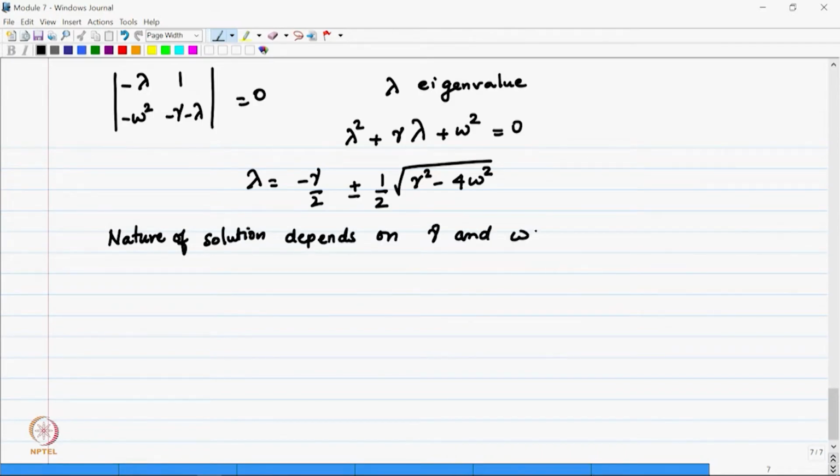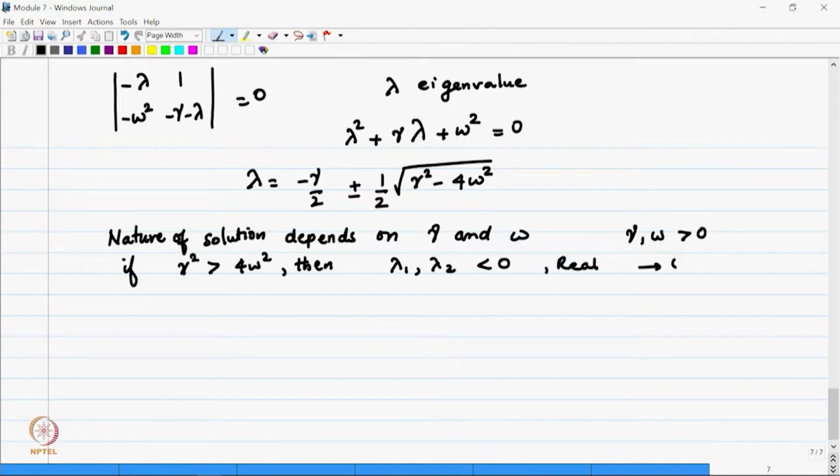We have gamma and omega both greater than 0, and we saw that if gamma square is greater than 4 omega square, then both solutions, lambda 1 and lambda 2, are real and less than 0. So, this is the overdamped oscillator.